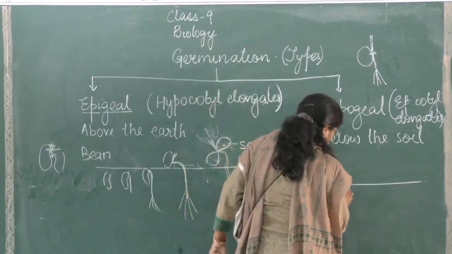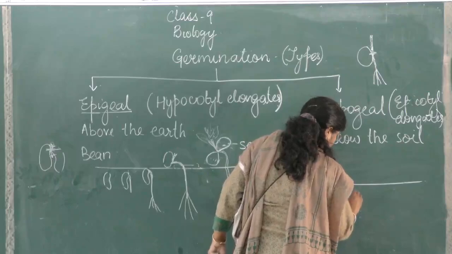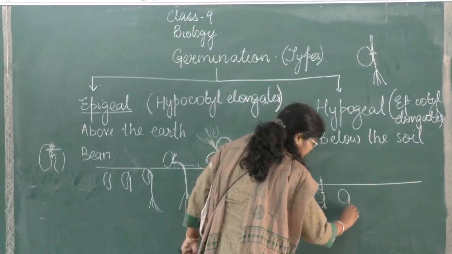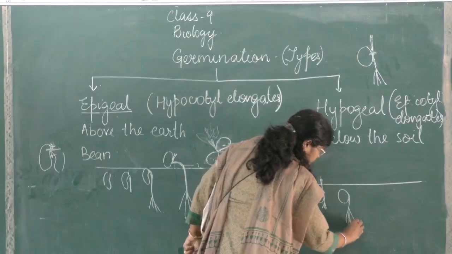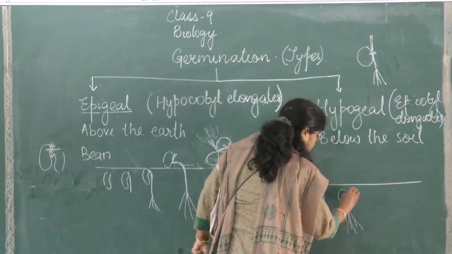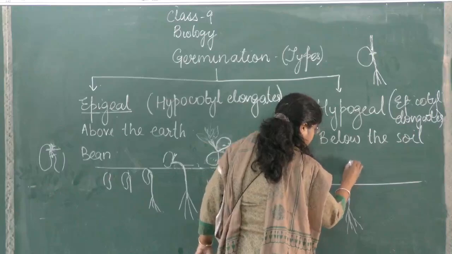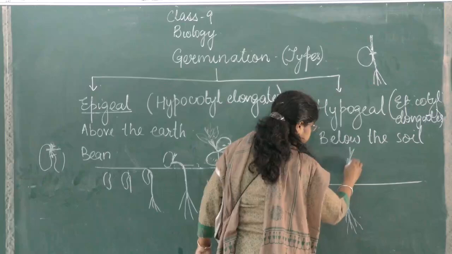Is it clear? So what do you see? Here the hypocotyle has not elongated. This is the hypocotyle, but the radical is forming the root system, and the epicotyle has grown up, and the plumule has started forming the shoot system.